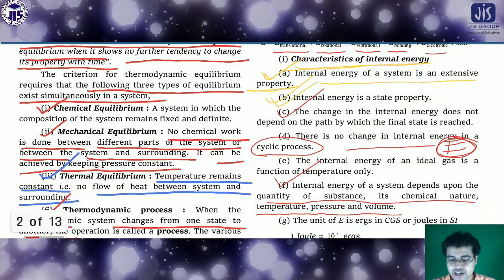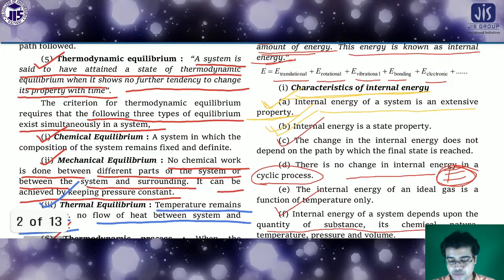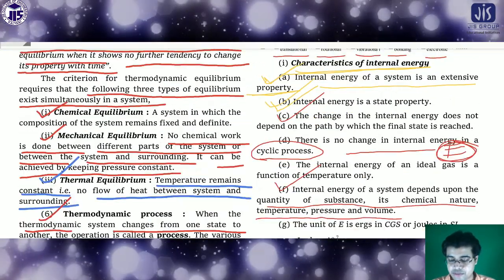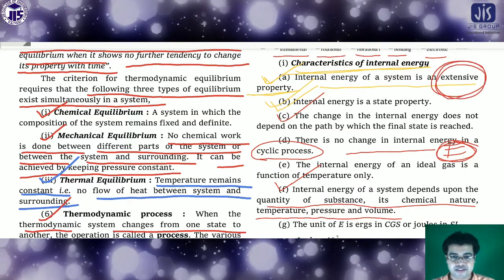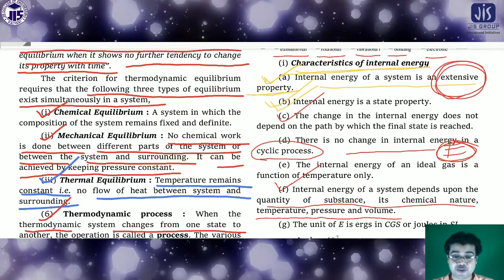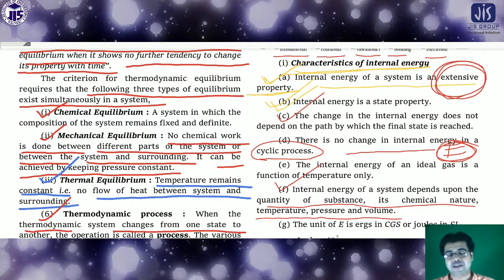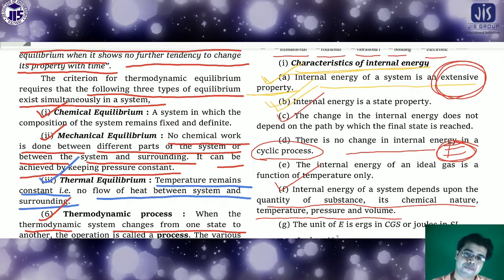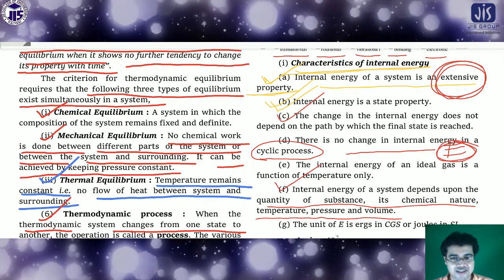Extensive property means it depends on the quantity. As I told you, internal energy is an extensive property, which depends on its quantity. If it were an intensive property, it would be independent of the quantity. So you have to keep these characteristics in mind.